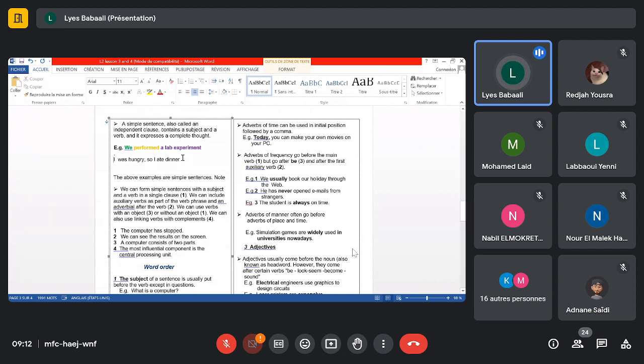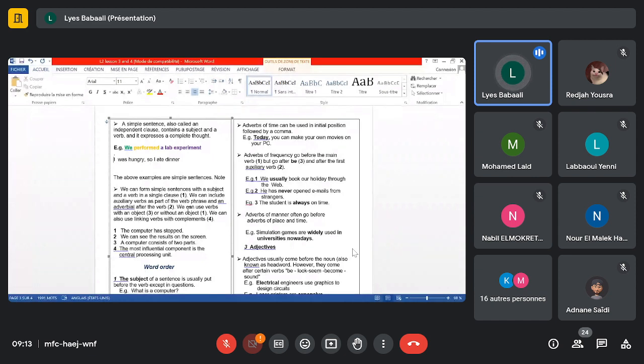So let's see what else the course is trying to tell us. They say that the above examples are simple sentences. We can form simple sentences with a subject and a verb in a single clause. We can include auxiliary verbs as part of the verb phrase.